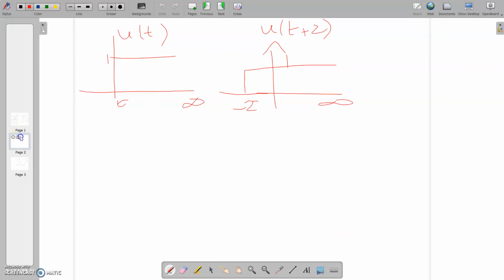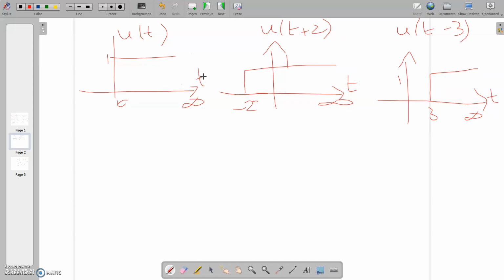My third signal is u of t minus 3, where it will exist from 3 to infinity, the value is 1. So for all the signals, the x-axis value is t.